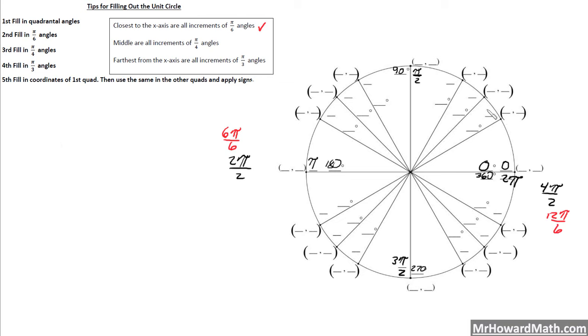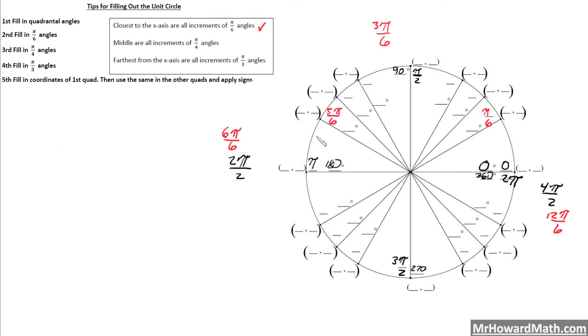Alright, and right here would be 1 pi over 6. Pi over 2 is the same thing as 3 pi over 6. Notice that that just reduces to 1/2 pi or pi over 2. So if this is 6 pi over 6, one less than that right here would be 5 pi over 6. Just follow along, you'll see the pattern.